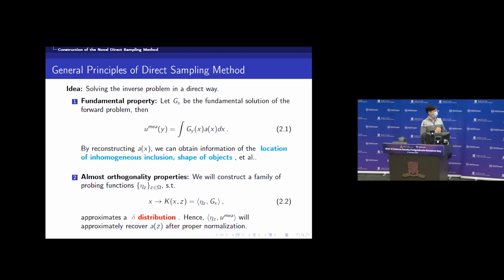For this property, we claim that there is a set of probing functions, eta, and eta is associated with a probing point inside the sampling domain.